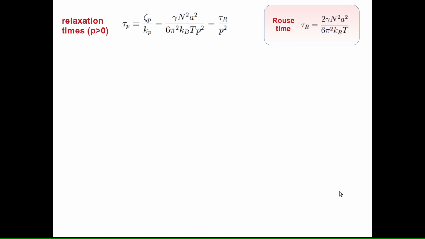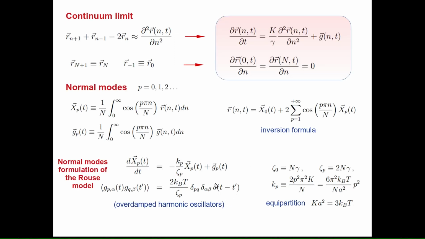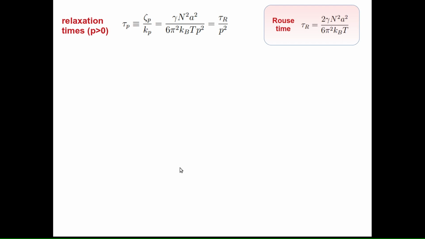Before solving a few cases, let's recall the overdamped harmonic oscillator. This quantity, zeta of p divided by k of p, is a relaxation time. We have seen in the Langevin equation of the overdamped harmonic oscillator that we had gamma divided by k.